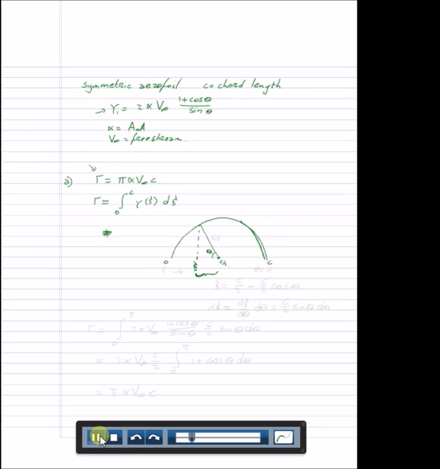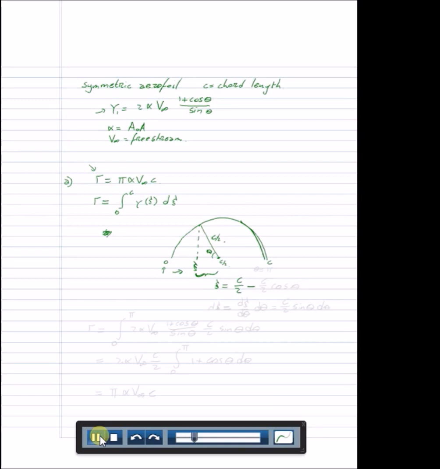We know that the radius of the cylinder is going to be C over 2. So we can evaluate that psi must be that radius C over 2 minus this bit here, because we start here at 0 and then we move in the psi direction to some coordinate psi.